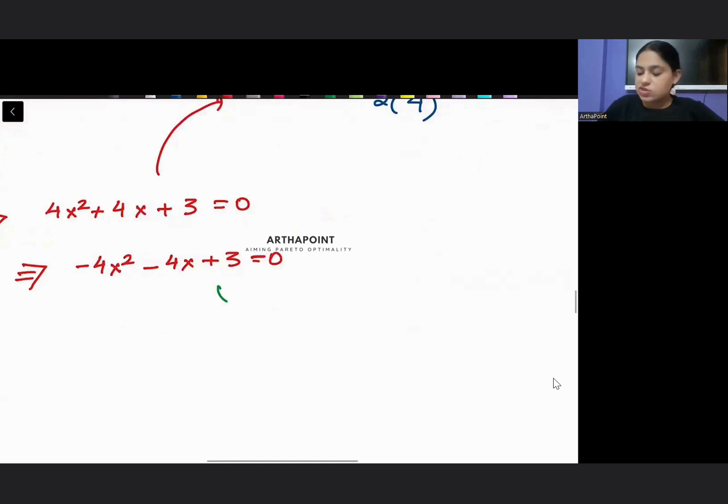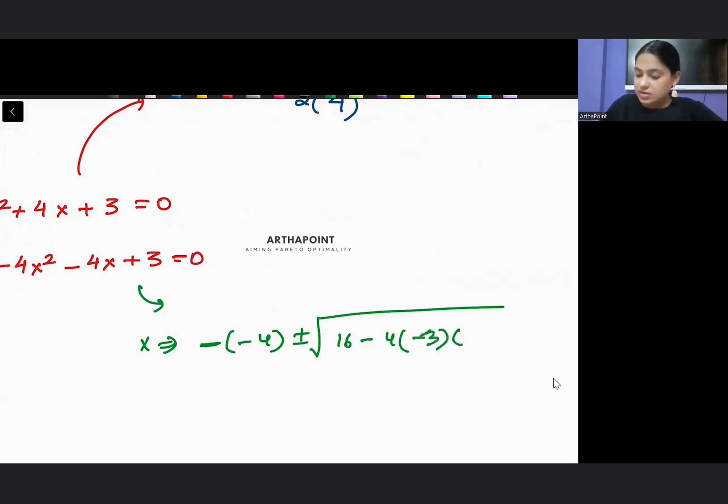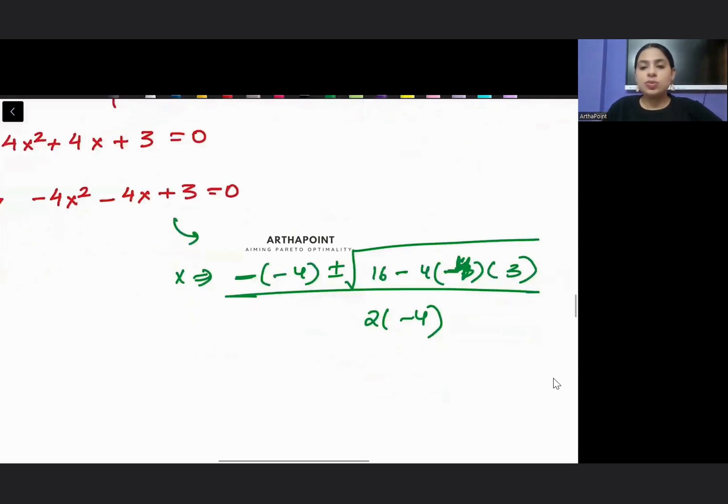If I were to solve this, the value of x that I will get will be minus b plus minus root b square minus 4ac by 2a.